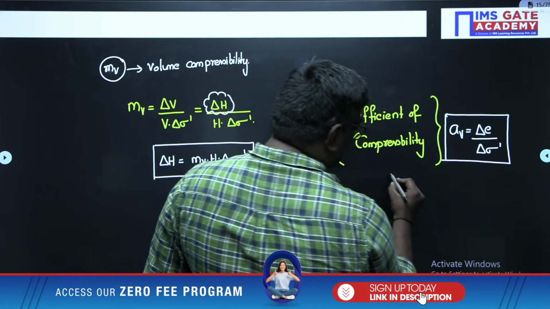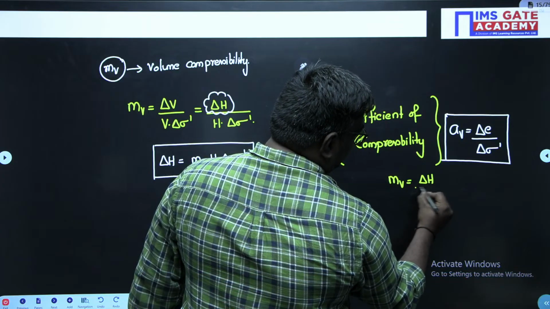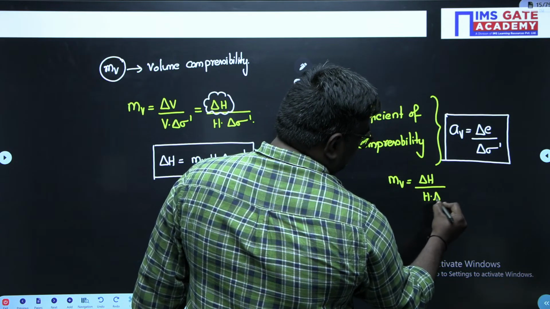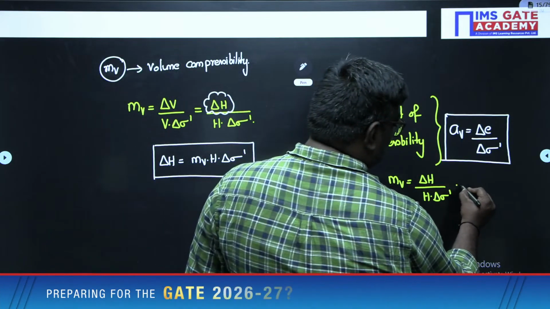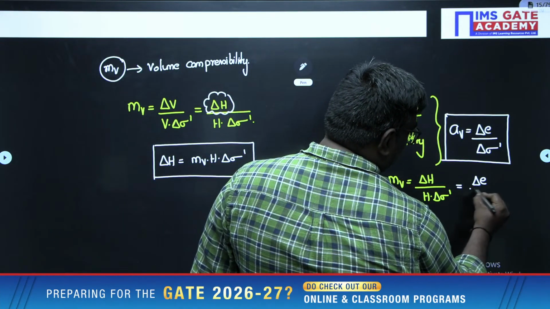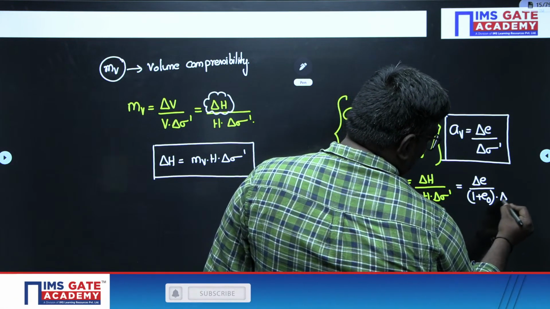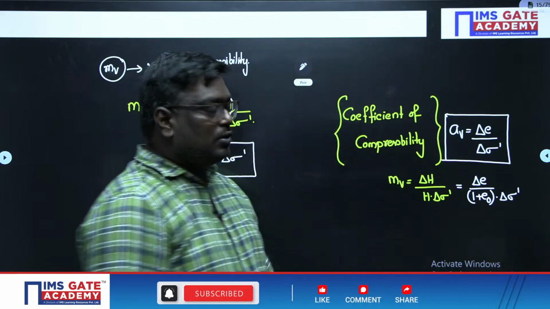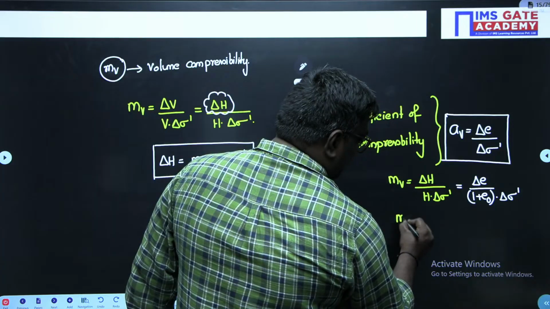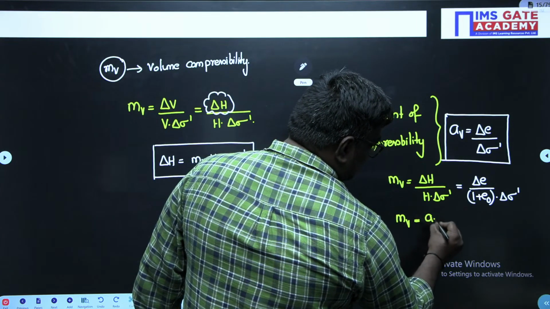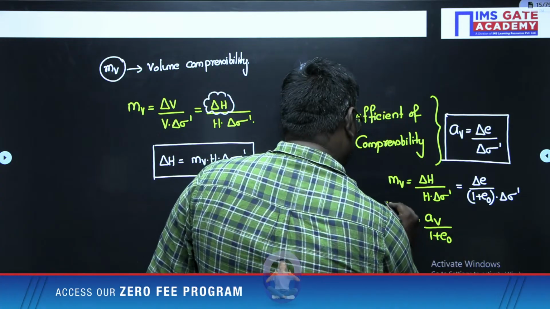Just a second, students. MV is equal to delta H by H into delta sigma dash, right? Now, delta H by H we can write as delta E by 1 plus E naught into delta sigma dash. What is delta E by delta sigma dash? You can write it as AV. So MV can be written as AV upon 1 plus E naught.